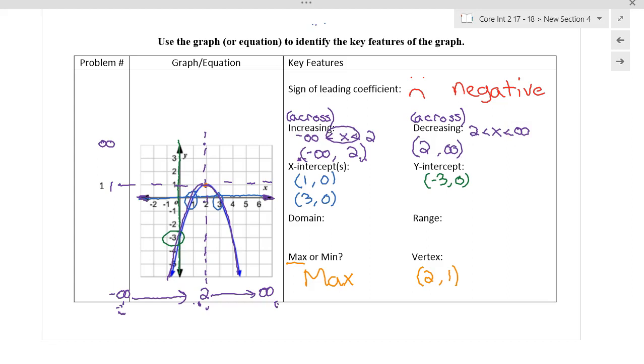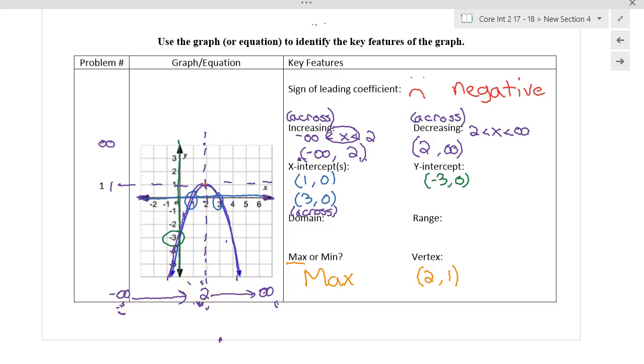Looking at the domain, domain is also across. Looking at the pieces I split it into for the domain, I just want to know, is part of my graph there? So going across, looking from negative infinity to 2, yes, part of my graph exists between these two places. 2 to infinity, yes, part of my graph exists between these two places.